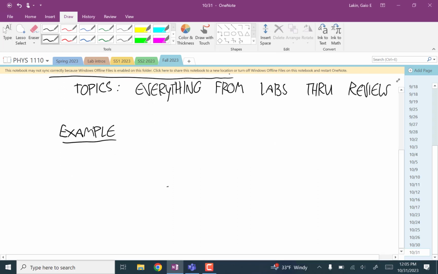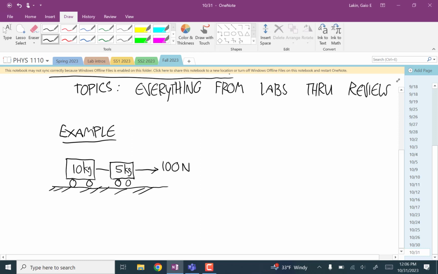Okay, so let's start with a horizontal surface. And two objects connected by a cable. And 100 Newton force pulling to the right, and 150 Newton force pulling to the left.